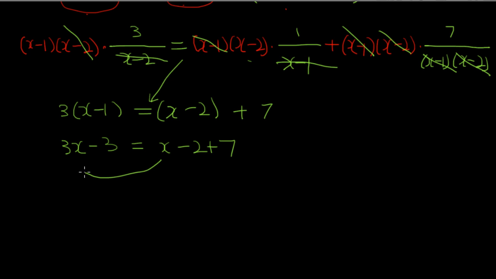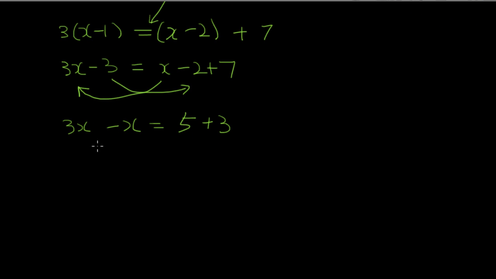So I'm going to move this x to this side, and this minus 3 to the other side. So 3x minus x equal minus 2 plus 7 is 5. If I move this negative 3 to the other side, it becomes positive 3.